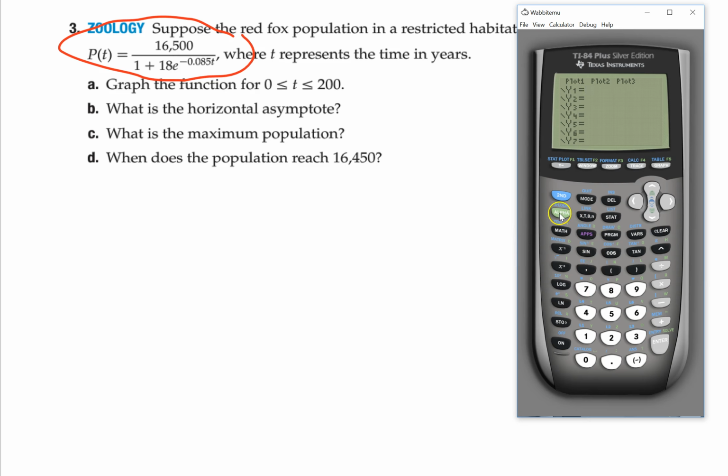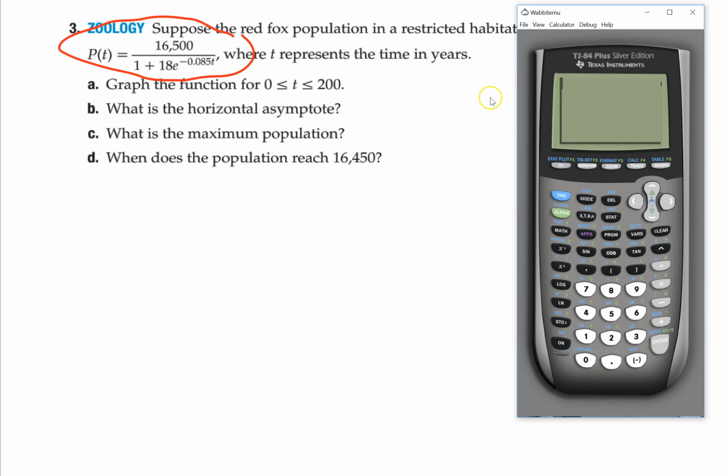In this case, again, I'm going to do alpha y equals, make it a fraction, so it's so much easier to type in. 16,500, and then 1 plus 18 e to the negative 0.085. So it's all in there. Oh, don't forget my x. Okay, we can't do t, we just use x.